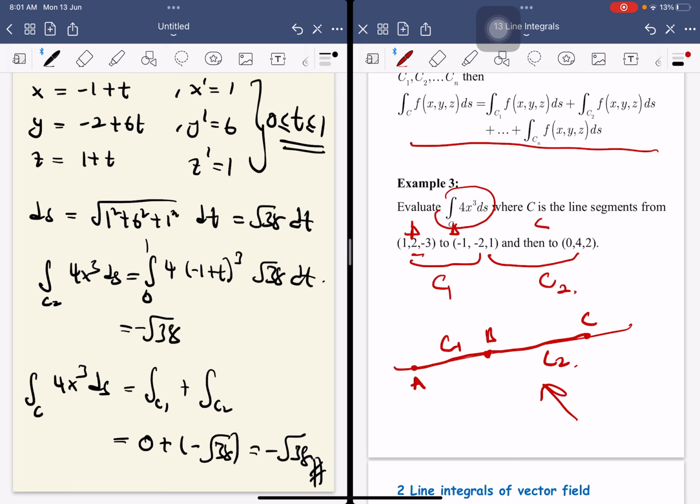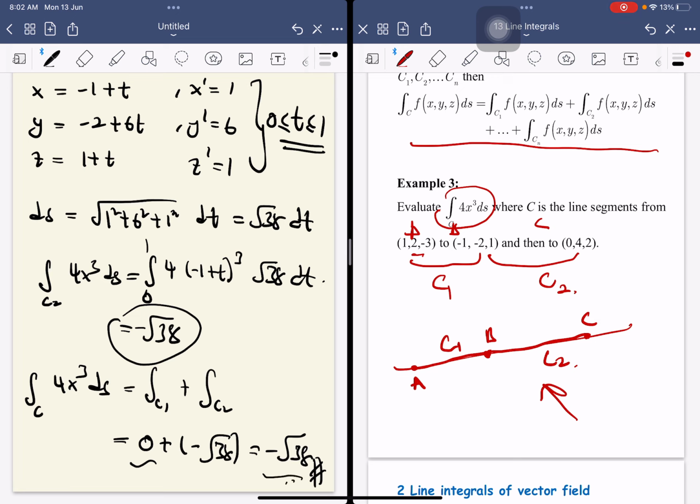This one involved just two curves. For C1 we got 0, and C2 is the previous answer that we calculated. That's how you get the final answer.